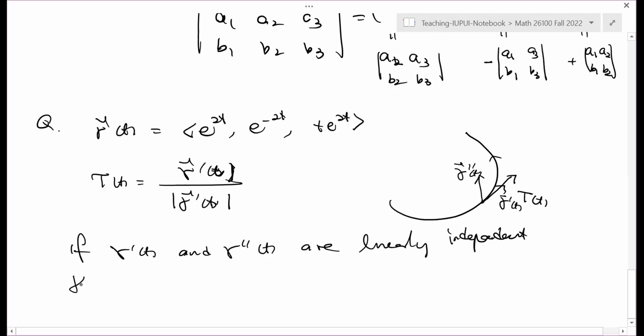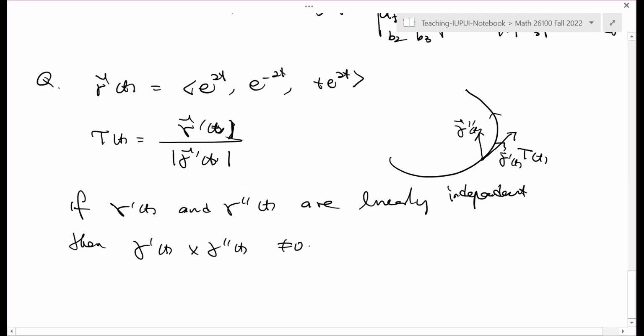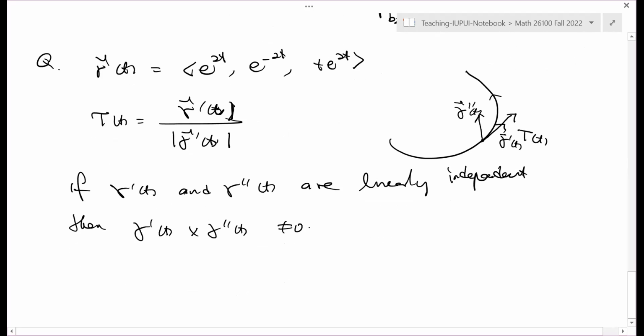Then gamma prime t cross gamma double prime t is not going to be zero, so you can normalize it. You get another vector, so I can define N t and normalize it.